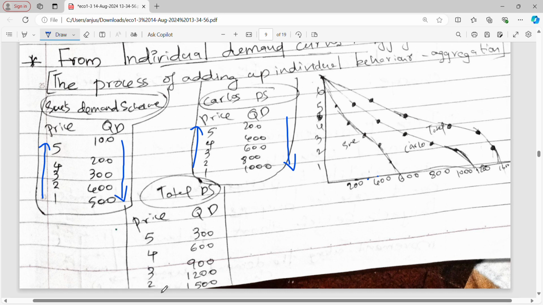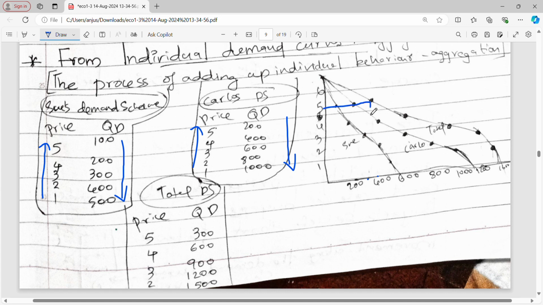That is for $1 per gallon, the cost of gasoline generates a quantity demanded of 1500. Okay, and that is plotted here. Right, for $5 it is 300.